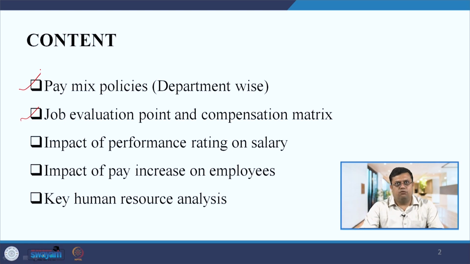You would have learned how to evaluate a job and give certain numbers to each skill. Whatever jobs are available, first you have to define and categorize the job, and then for each job you have to identify the skills, and for each skill you need to give certain points.